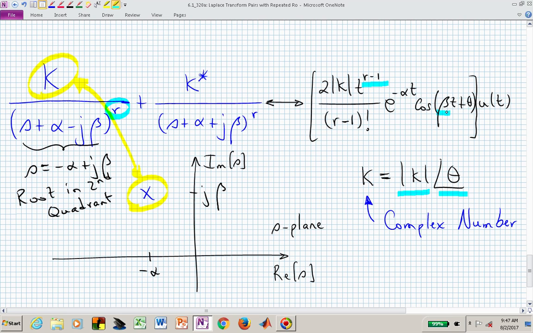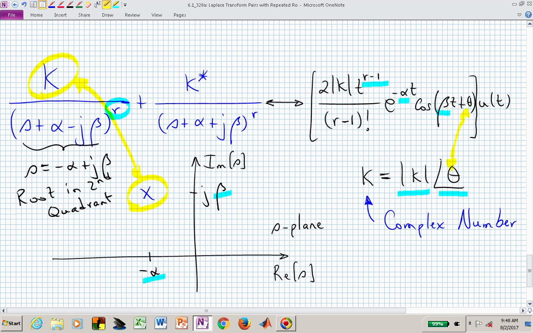Beta again is coming from the imaginary component of the root. Alpha is coming from the real part, that's the amount of damping. And theta is associated with whatever angle k has, and that needs to be there. If theta is negative, that negative goes in that location in the cosine argument. And again, we're doing the one-sided Laplace transform, so that is valid for t greater than or equal to 0.